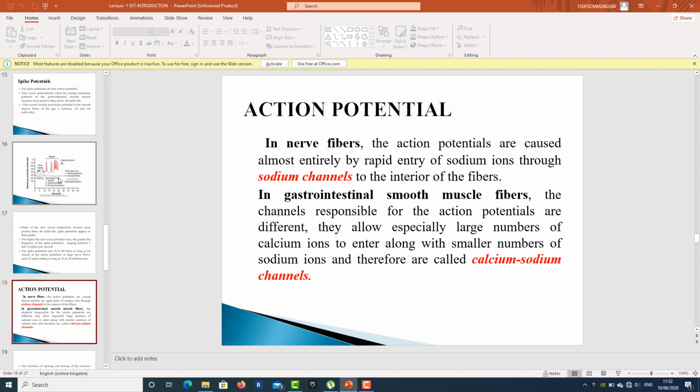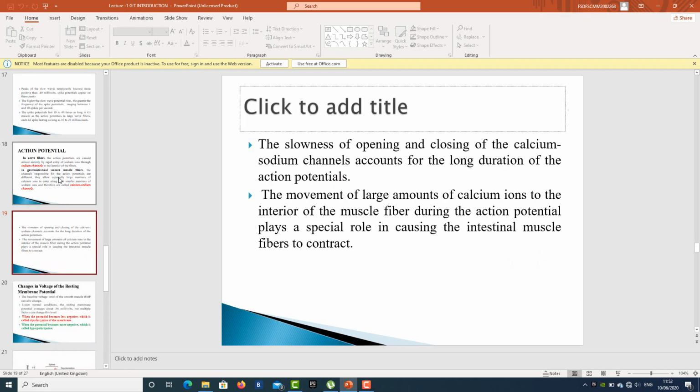They allow especially large numbers of calcium ions to enter along with smaller numbers of sodium ions, and therefore are called calcium-sodium channels. The slowness of opening and closing of the calcium-sodium channels accounts for the long duration of the action potentials. The movement of large amounts of calcium ions to the interior of the muscle fiber during the action potential plays a role in causing the intestinal muscle fibers to contract.